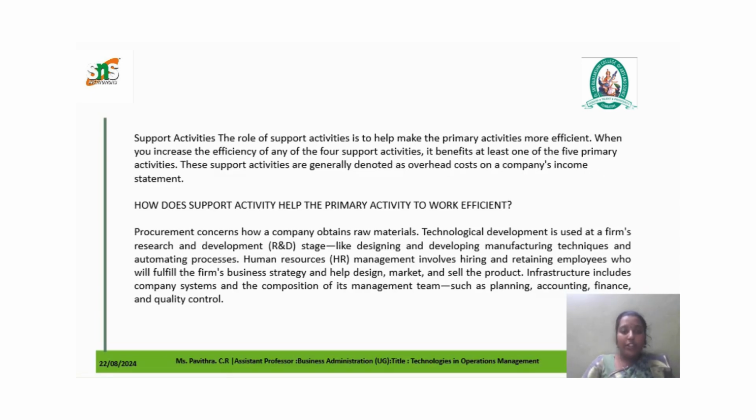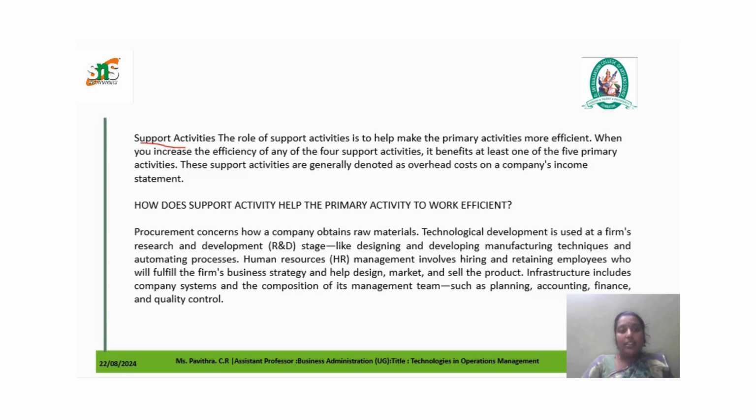In our previous video, we discussed the 5 components of a primary activity of a value chain concept. One is inbound logistics, operations process, outbound logistics, marketing and sales, and finally services. After that, what is the support activity? As we discussed, support activity supports the primary activity to work more smoothly and efficiently.